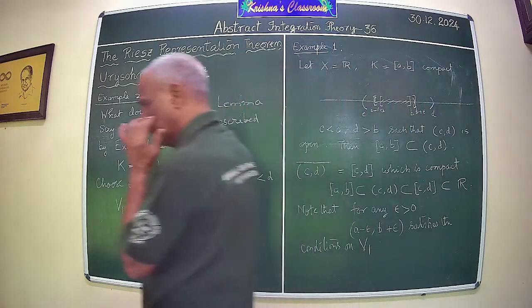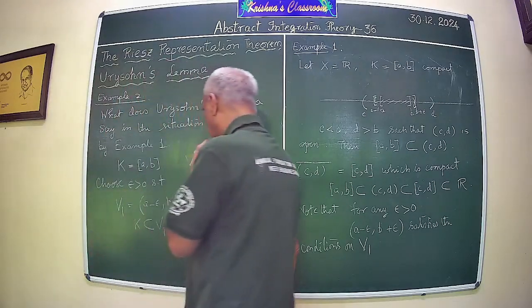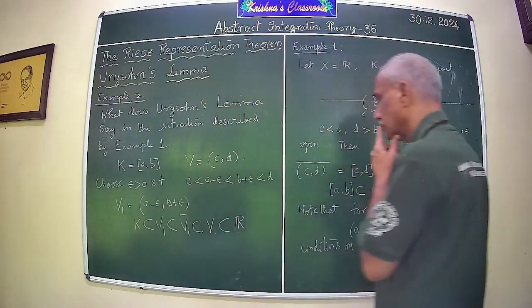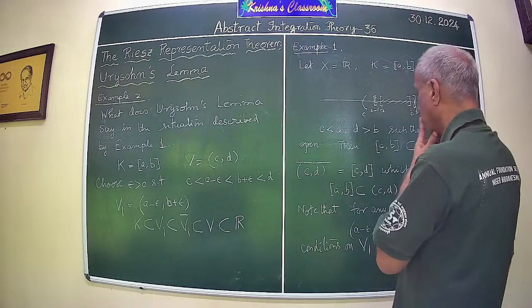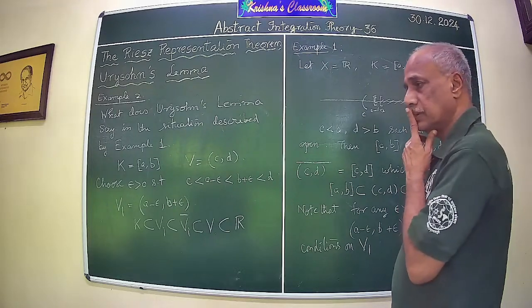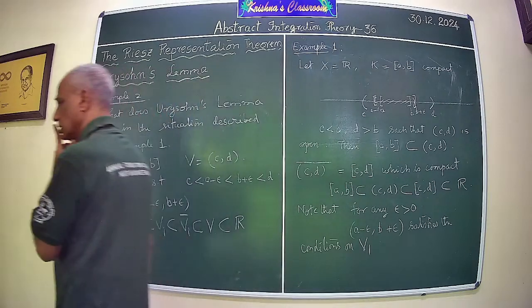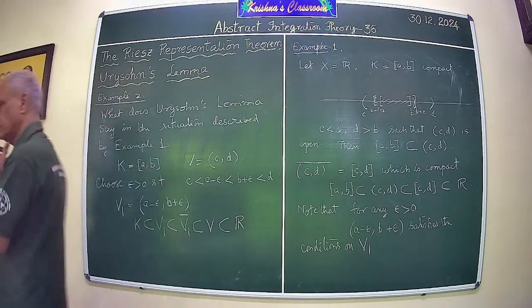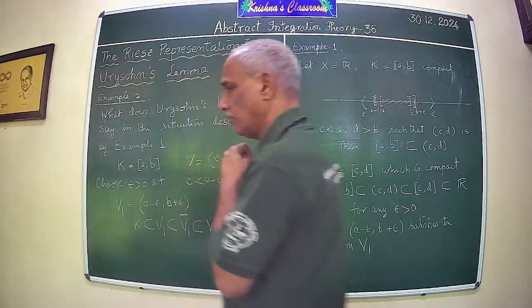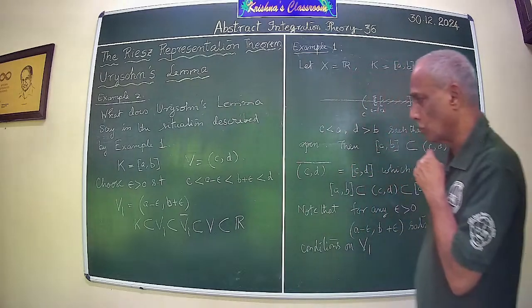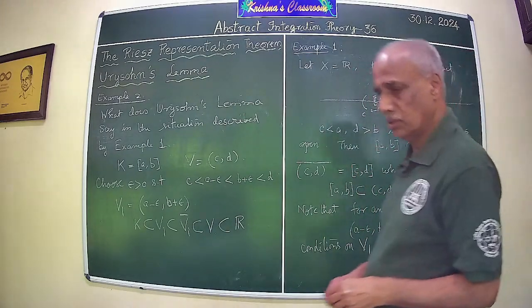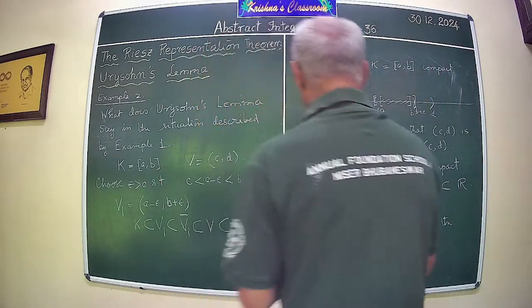Now what more do you have? I want, for a compact K, a non-negative function which is bounded by 1, having compact support on R. How does the situation look like?